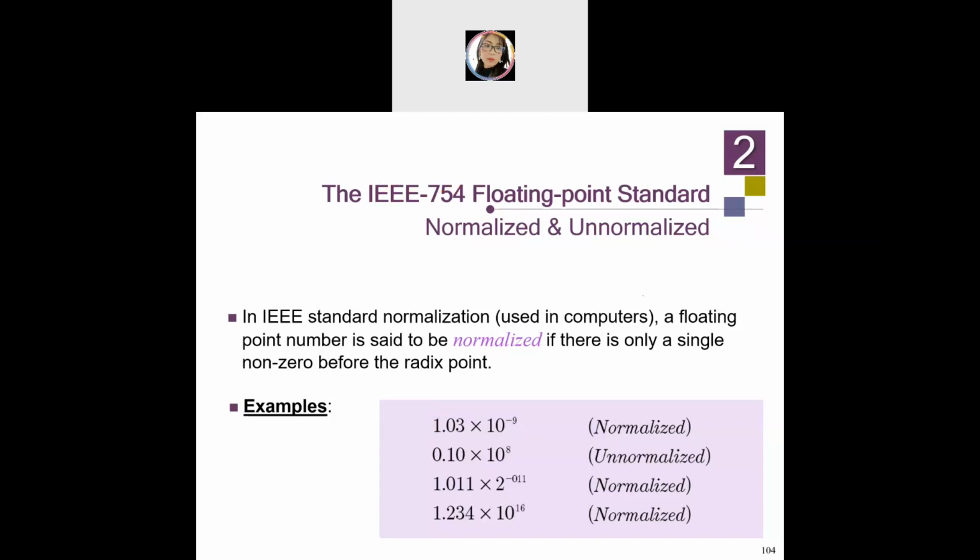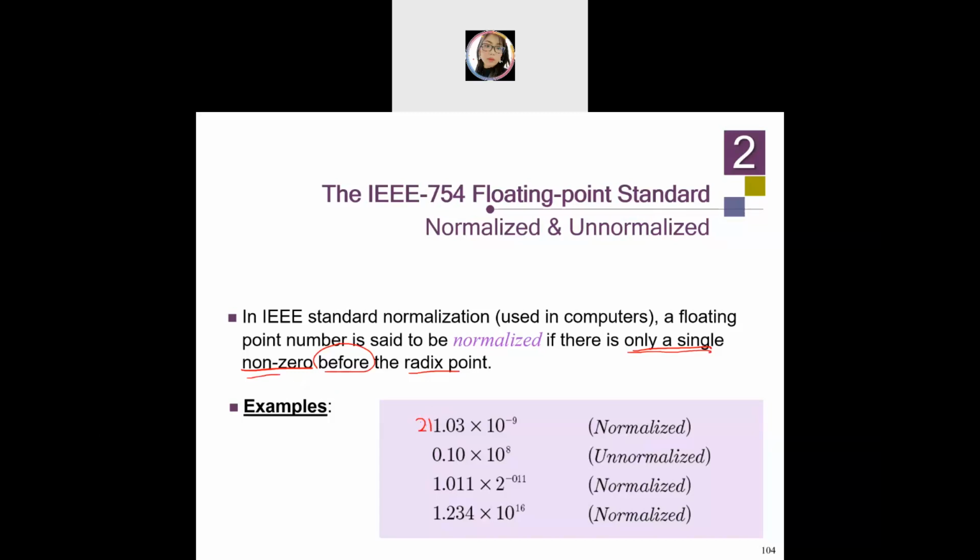For normalization in IEEE, there must be only a single non-zero digit before the radix point. It means that let's say you have 111.